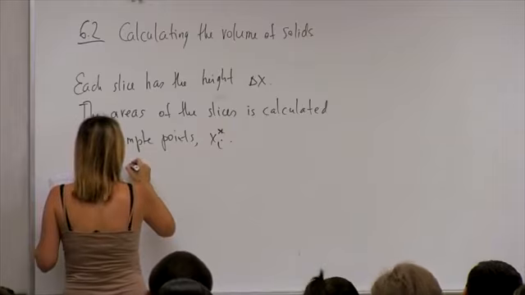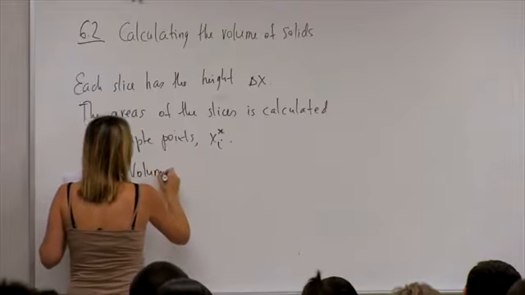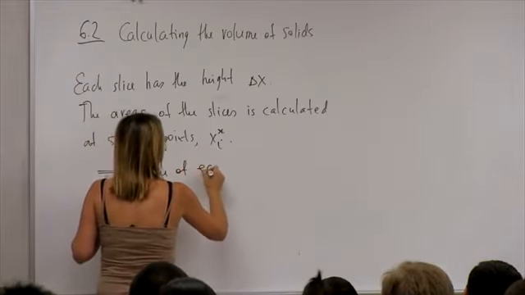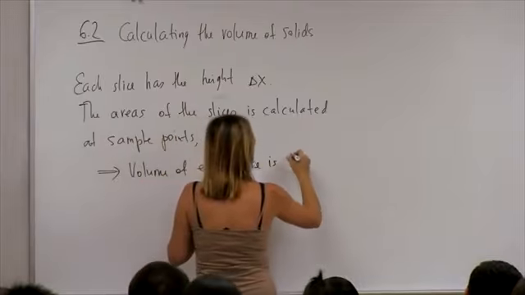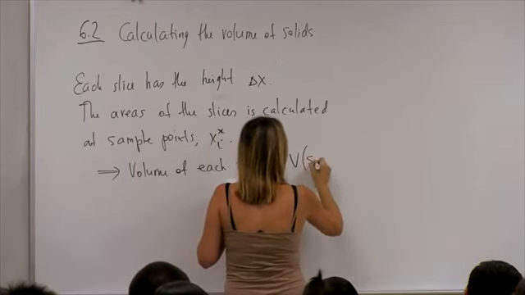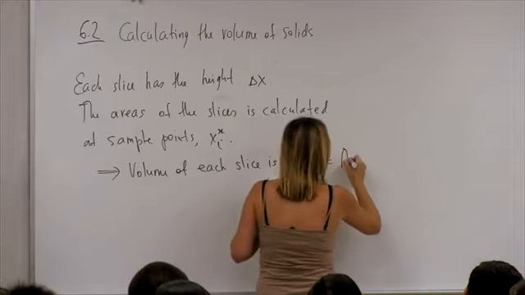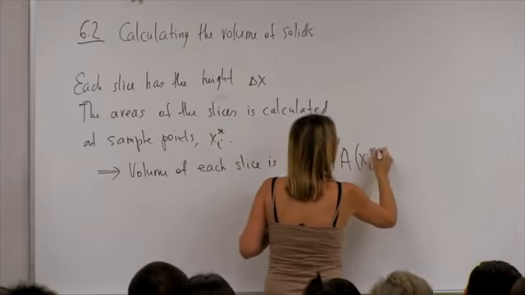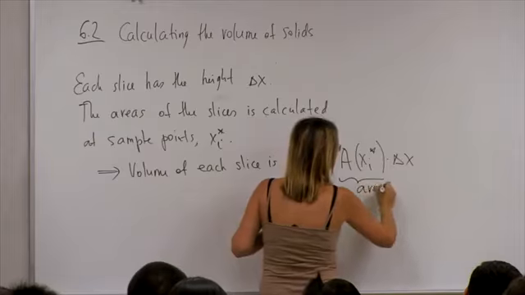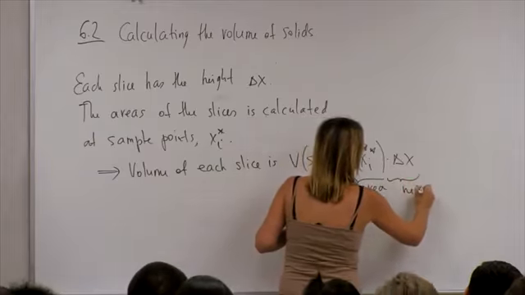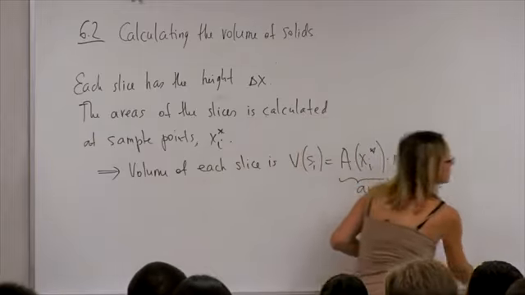Therefore, the volume of each slice is V of slice i, which is the area evaluated at the sample point times the height. Area times the height. A generalized cylinder.